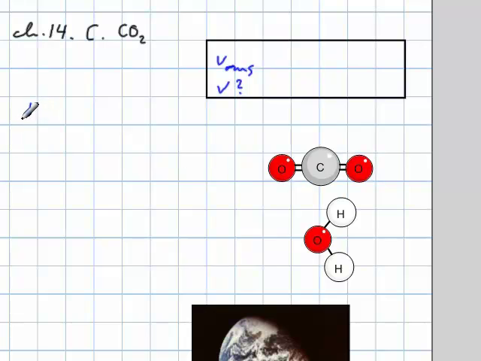So it sounds like the only equation that appears: 1/2 m VRMS squared equals 3/2 kT, the Boltzmann constant k times the temperature.